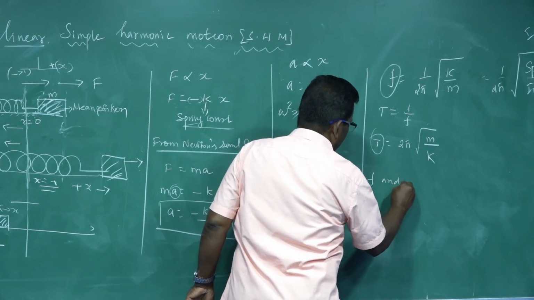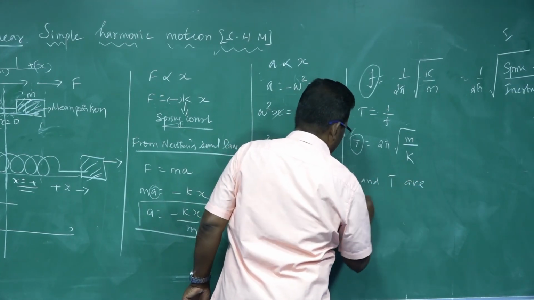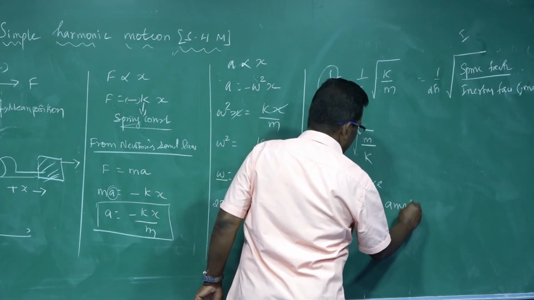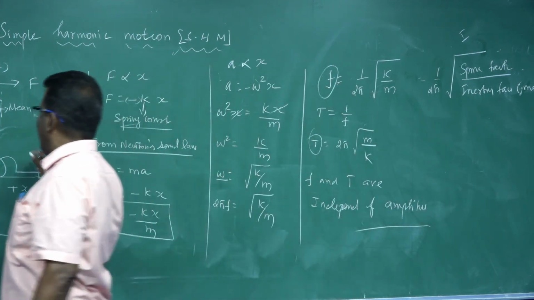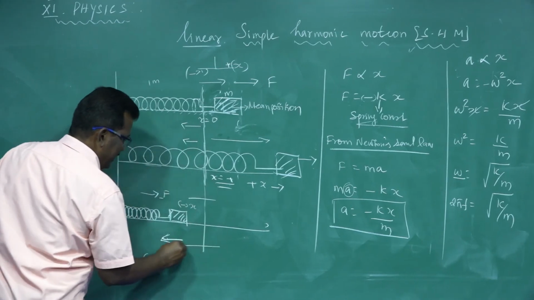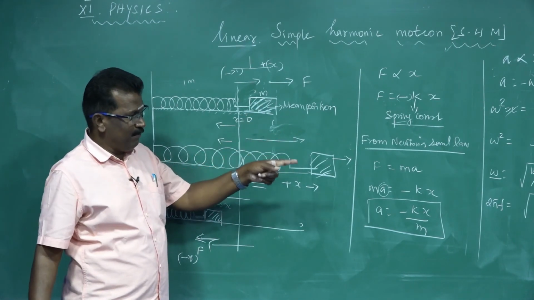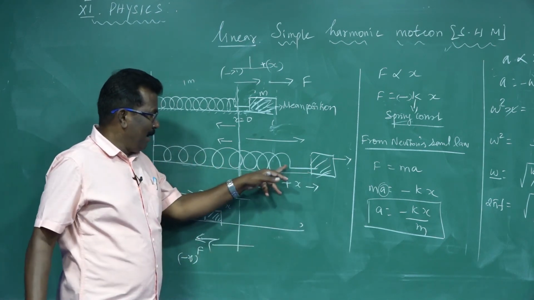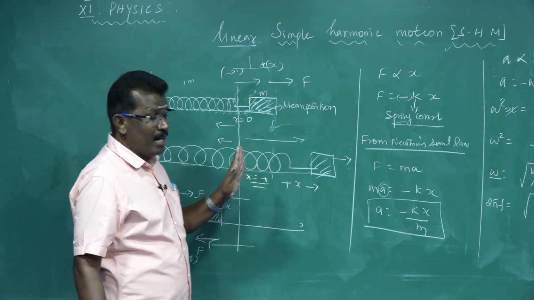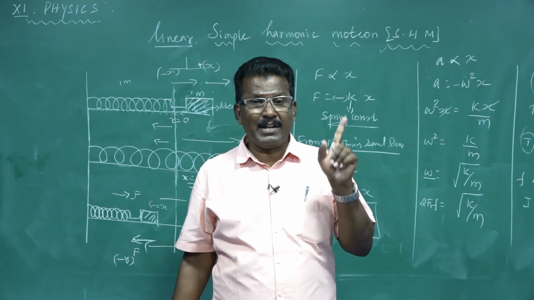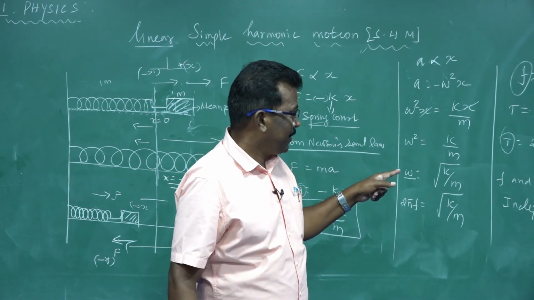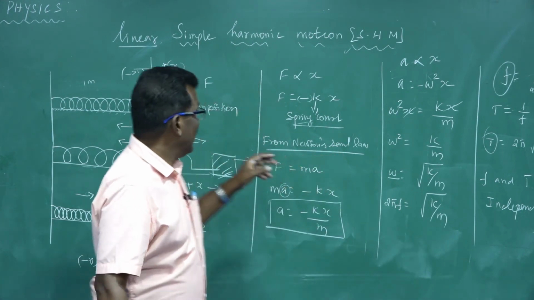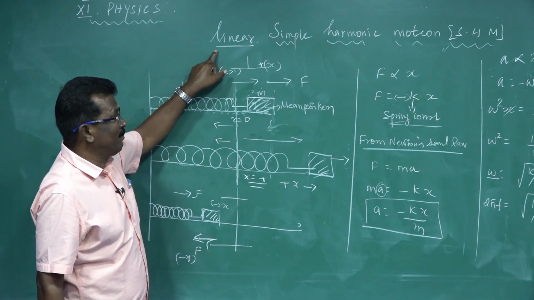However much the amplitude displaces, they are independent. The amplitude is the maximum displacement. In both angular motion and linear motion, the time period and frequency are independent of amplitude.